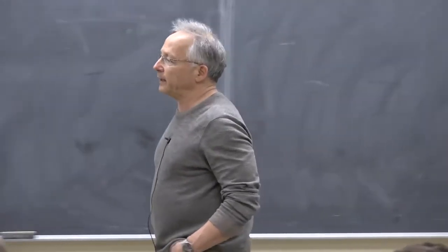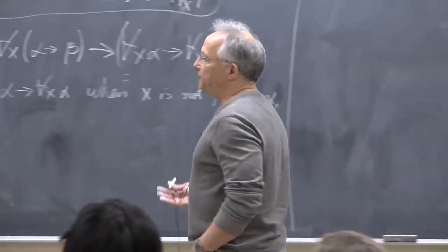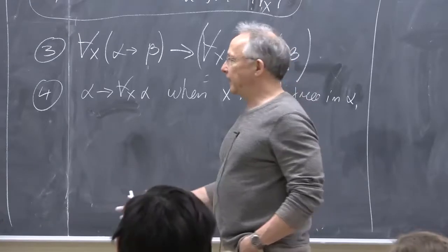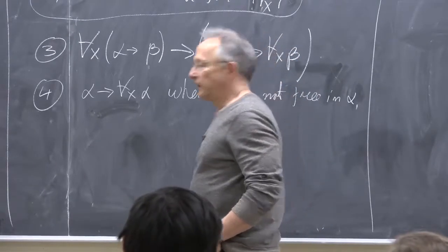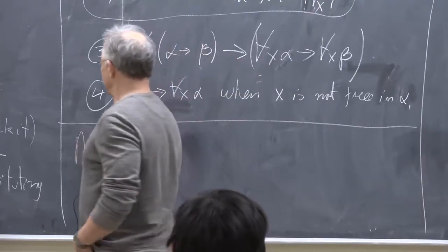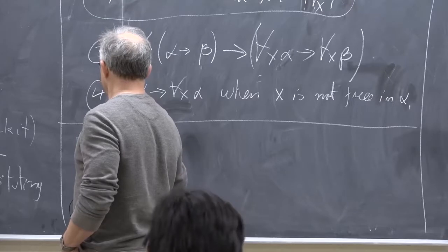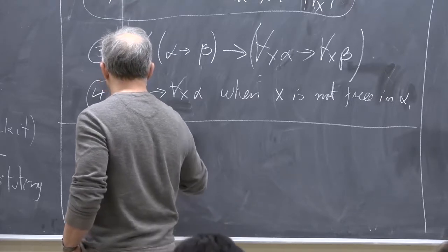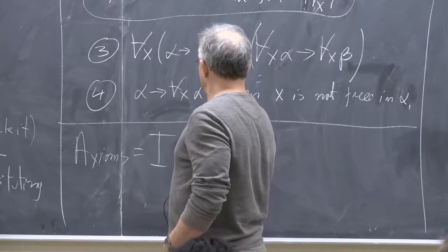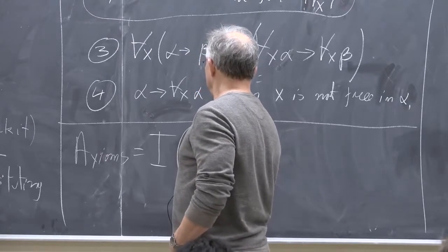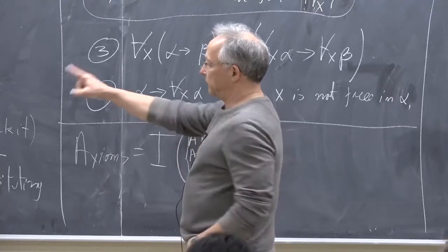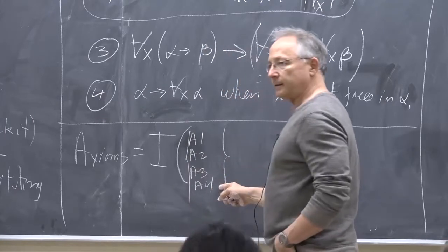But these 4 groups of axioms are only a basis of a set of axioms that we define by induction. So the set of axioms is going to be I of those 4 axioms, A1, A2, A3, A4. The 4 axioms are my basis.